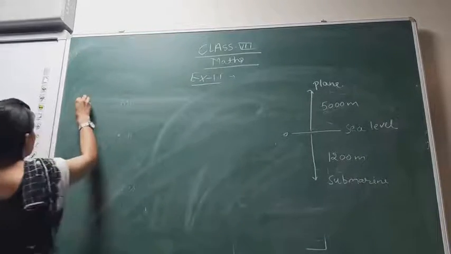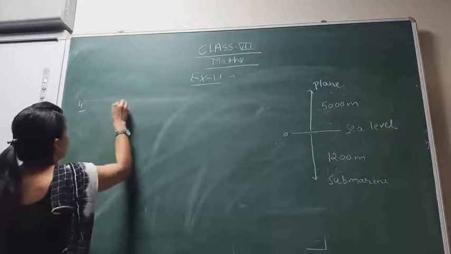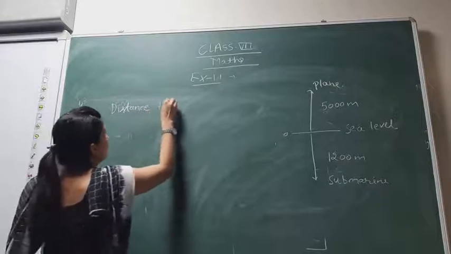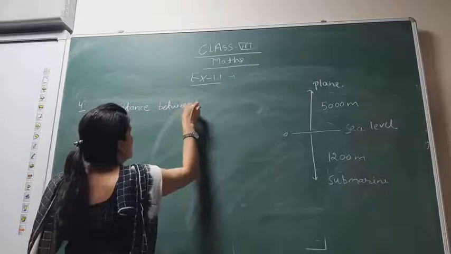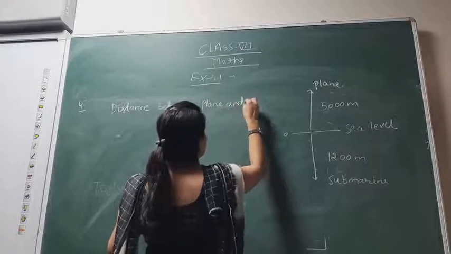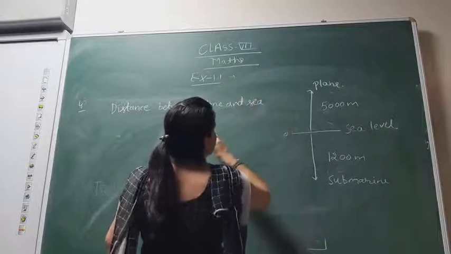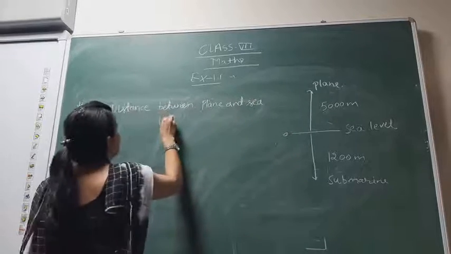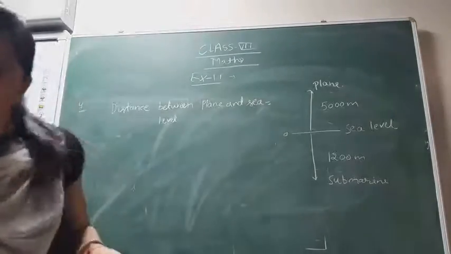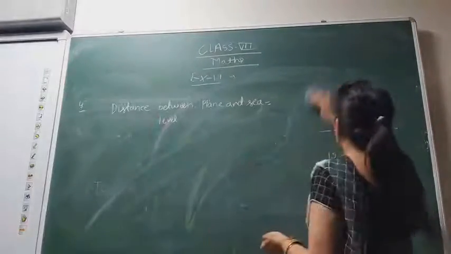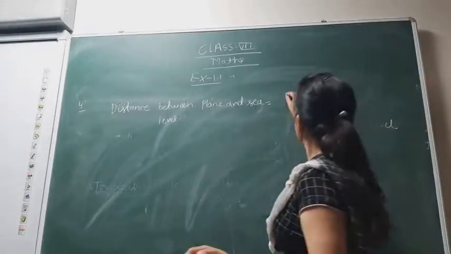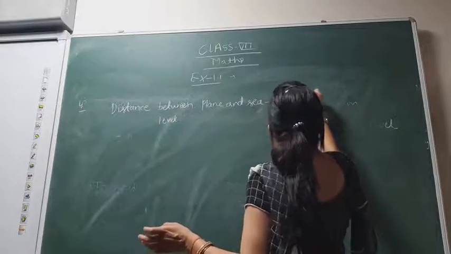So for the fourth question, we will write distance between plane and sea level, 5000 meters.